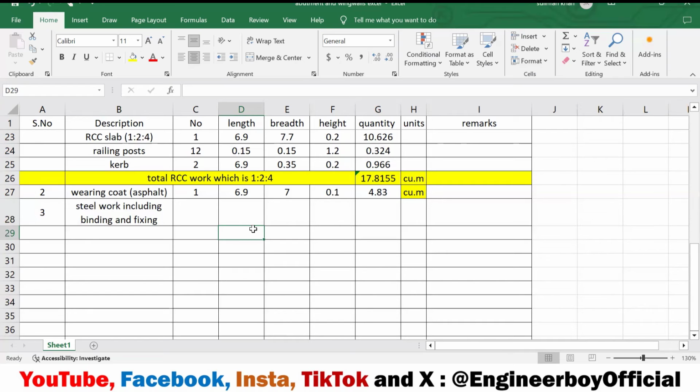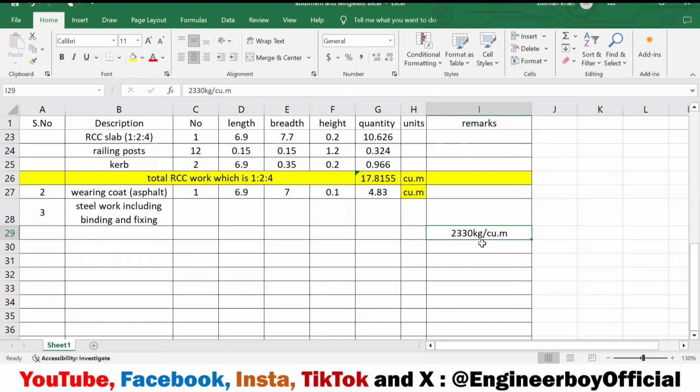But here in the wearing course, something is very different because of the density which I have put. The density was 2,330 kg per cubic meter, okay? Now, it depends on the density actually. This density is actually the density of compacted asphalt.